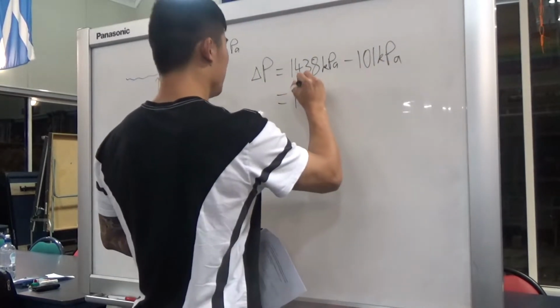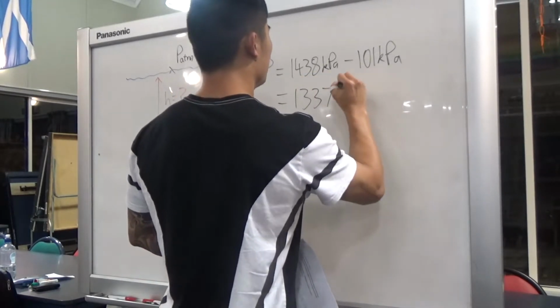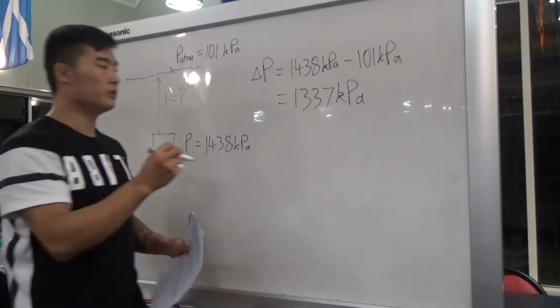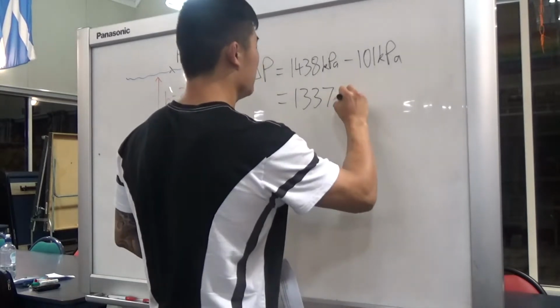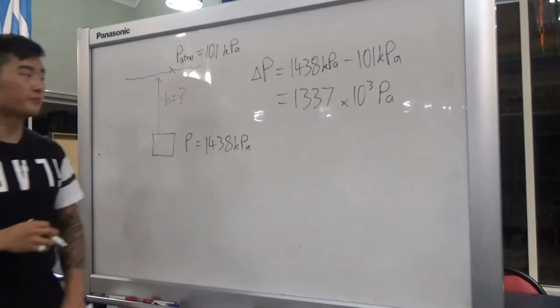So that's going to give you 1337 kilopascals, or 1337 times 10 to the 3 pascals.